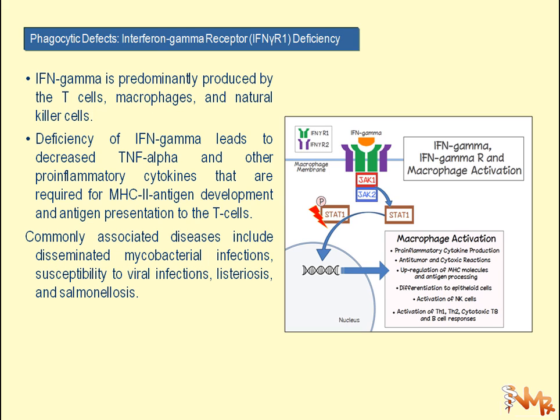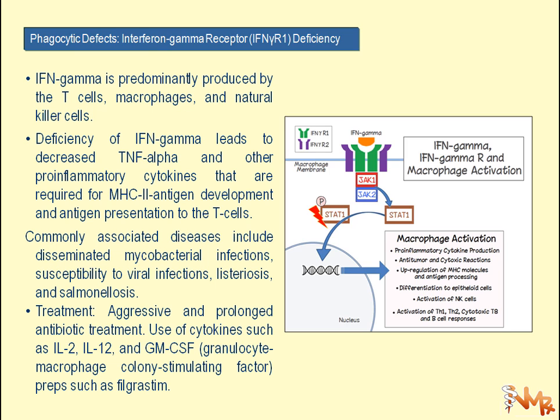These patients also have increased susceptibility to viral infections, and predisposition to infections with Listeria and Salmonella as well. Treatment includes aggressive and prolonged antibiotic treatment, use of cytokines such as interleukin-2, interleukin-12, and GM-CSF preparations. GM-CSF stands for granulocyte macrophage colony stimulating factor. An example is filgrastim.